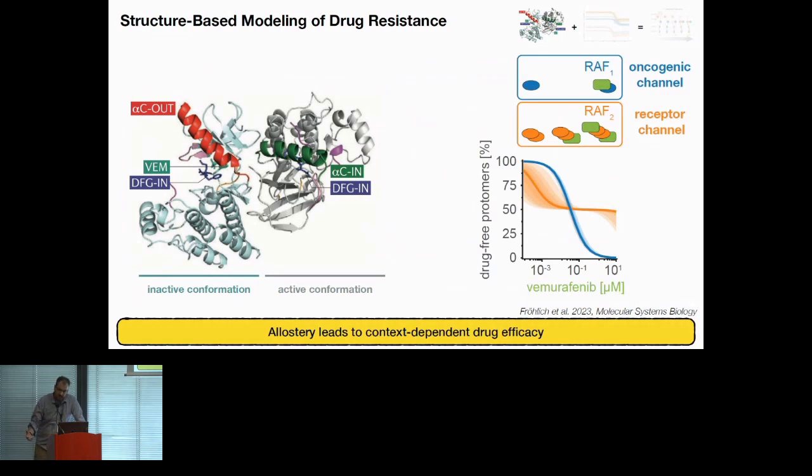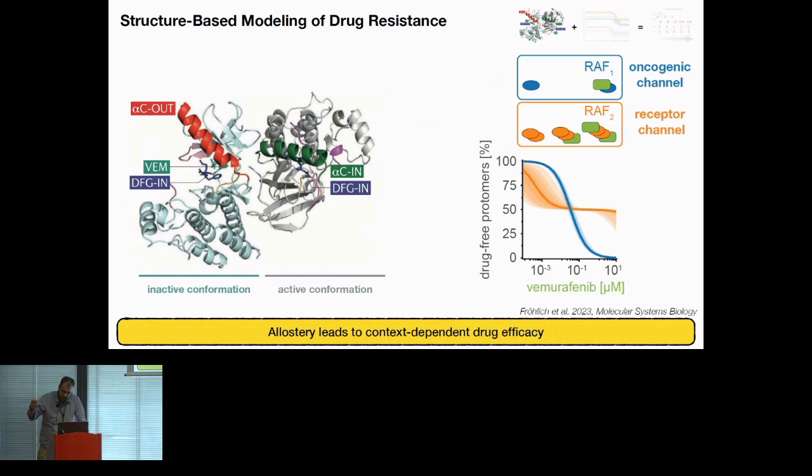Now, in the oncogenic channel, the BRAF V600E doesn't require dimerization, meaning that we can potently inhibit RAF signaling in the oncogenic channel with only monomers, as indicated by this blue curve here, and we have this protection from inhibition in the receptor channel here indicated in orange.